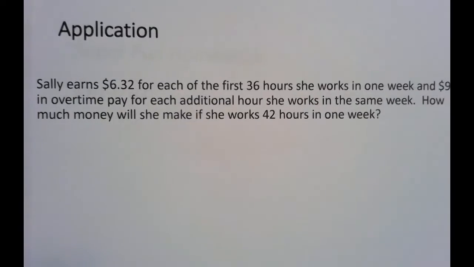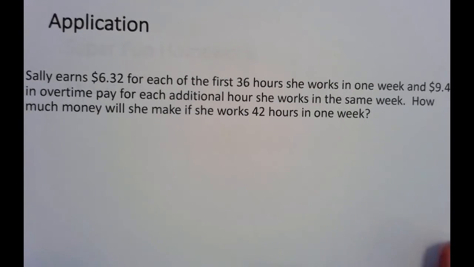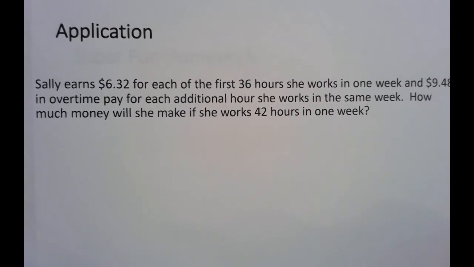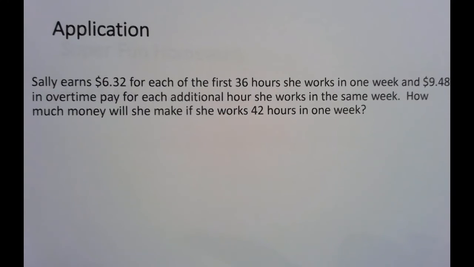Okay. So let's try a word problem, a super fun word problem, super fun application. We have here, Sally earns $6.32 for each of the first 36 hours and $9.48 in overtime pay for every additional hour she works.